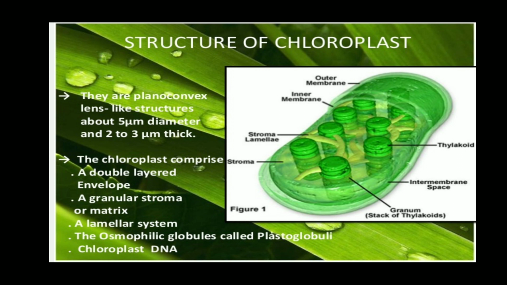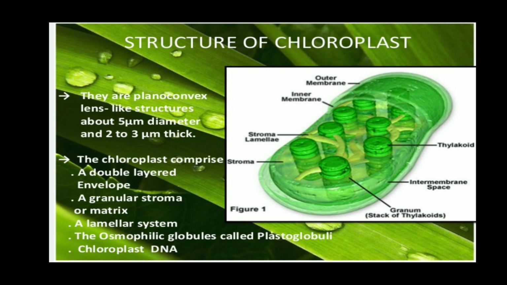Then the granular stroma, you can see the granum here, right? It consists of a stack of thylakoids, like a tiffin. We have the tiffin and there are different boxes, and each plate acts as a grana. These get arranged one on top of the other vertically, and thus they form the structure of the granum.